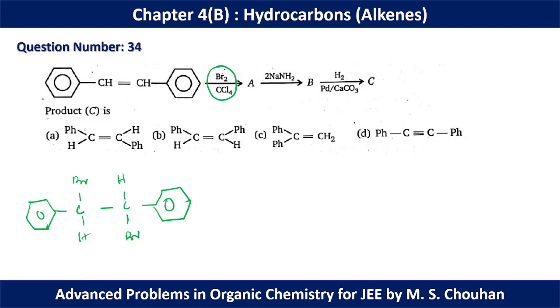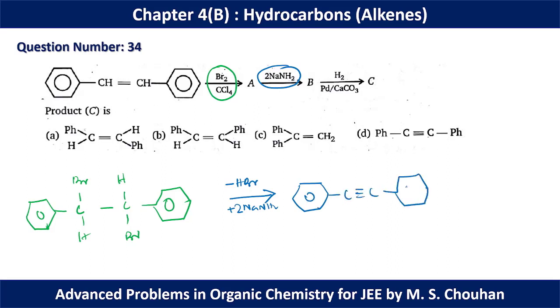Now we can use two equivalents of NaNH2 for the elimination. So we eliminate 2 HBr twice using two equivalents of NaNH2 to have one alkyne in this position. This is studied in the preparation of alkynes.